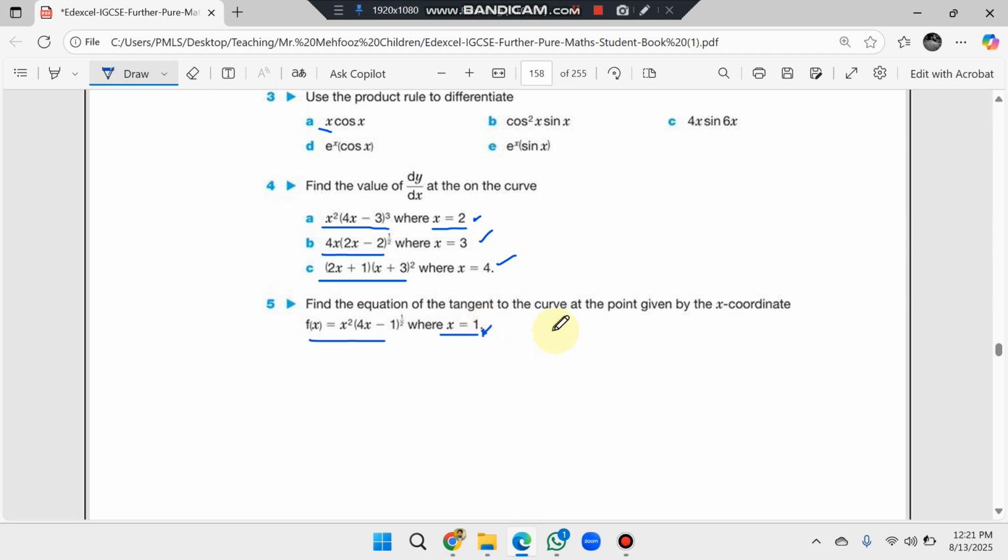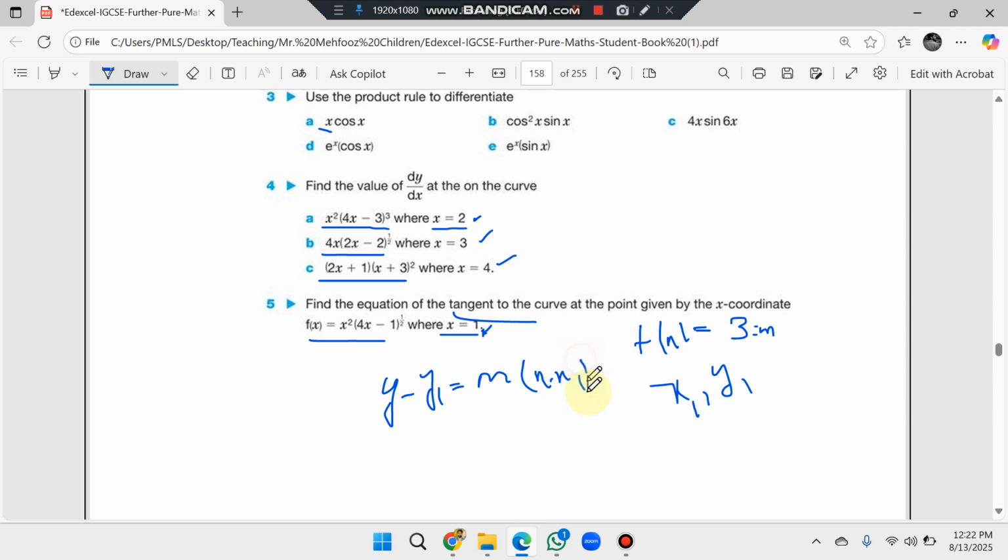Let's suppose our derivative f of x gives some value, say 3, when we put x equal to 1. This is basically m, the slope. And when we put x equal to 1, we have the value of x and the value of y. Then we can find the equation of the tangent by using the point slope form: y minus y1 is equal to m times x minus x1, right? Do you understand? Yes. Okay.